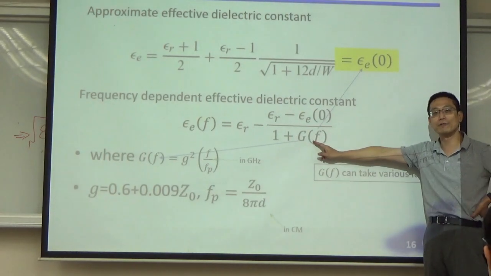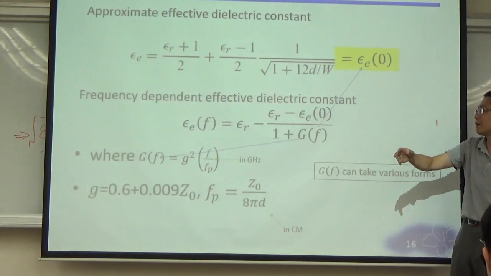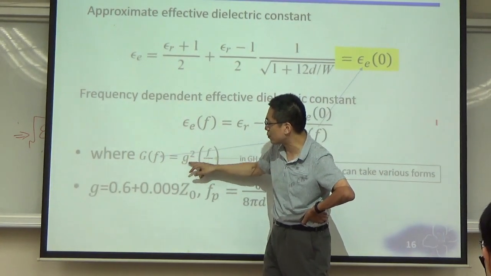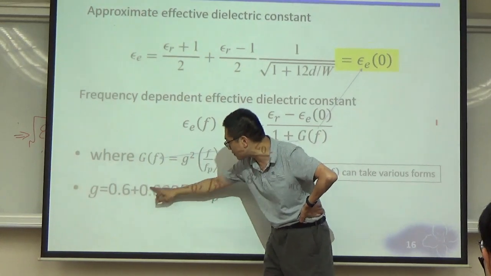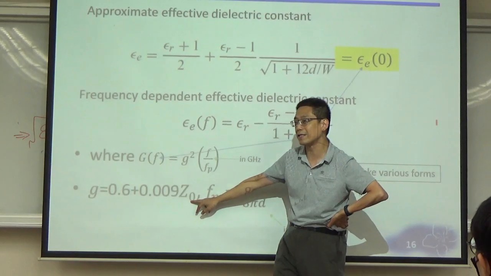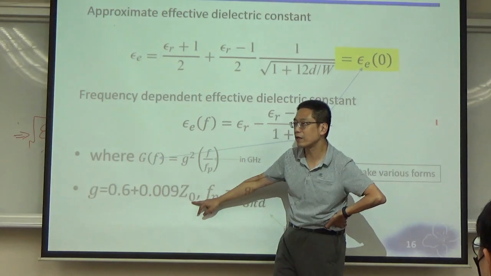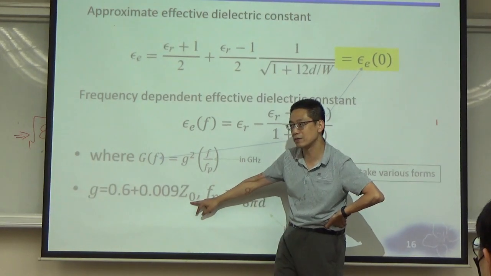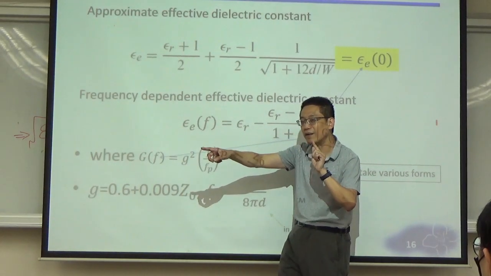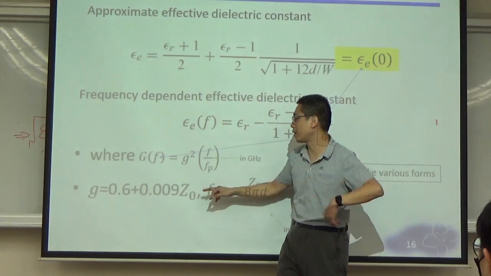The function of g in your POSA, it gives you that it is a function of small g squared, and the small g is 0.6 plus something relevant to your characteristic impedance. When you want to obtain epsilon E, you need to know Z0 at the beginning. Is that upside down? A little bit weird, right? Okay, but whatever, this is the equation given.